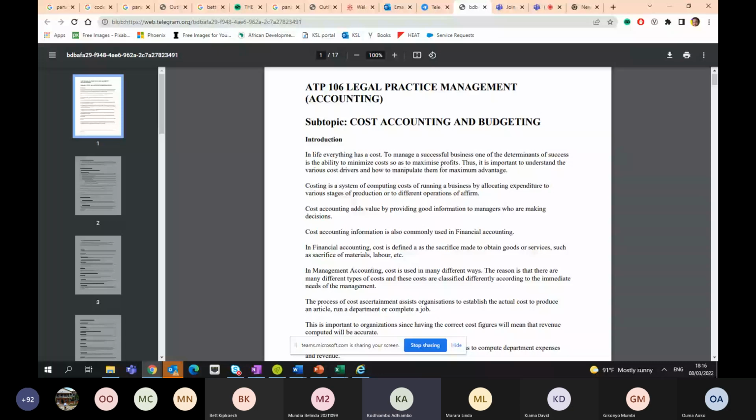It's not more about the expenses, but how do you classify your costs? Sometimes you want them in terms of the process, or in terms of a specific item. So that is what management accounting is, and how it's a bit different from financial accounting.